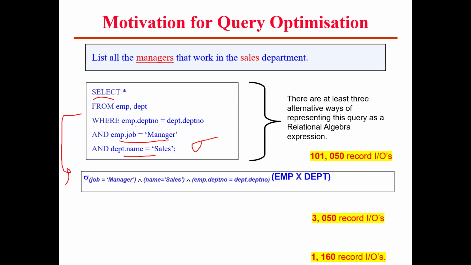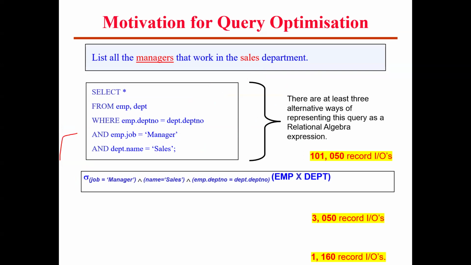So we are going to write select job is equal to manager. This and is represented with an intersection symbol. Then name is equal to sales. Again, the projection for the row for it. Select with condition is nothing but our rho, so that's why we are writing a rho here. Are we understanding?